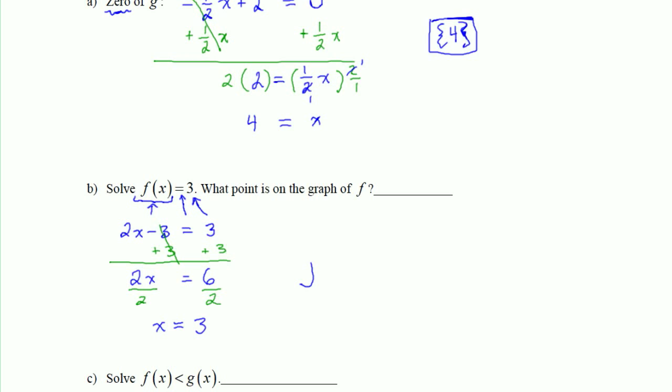That means that f of 3 is equal to 3. And that tells me that I have an x and a y, so that for a point on the graph of f, I would put the coordinates 3, 3 for my x and my y.